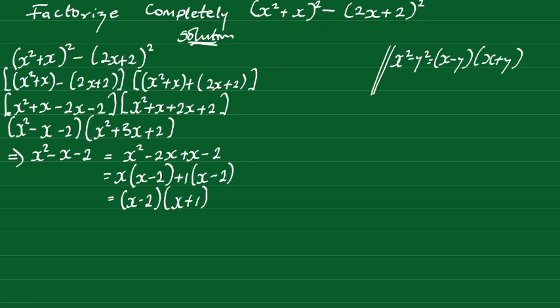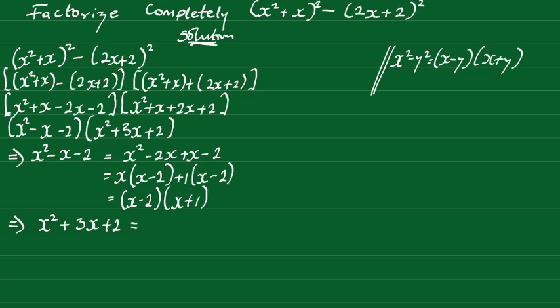Now we proceed further by bringing up our second bracket, and we have x² + 3x + 2. Now we think of two factors of plus 2 that when added together give us plus 3x.